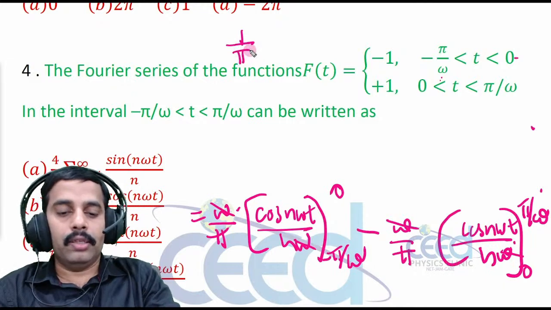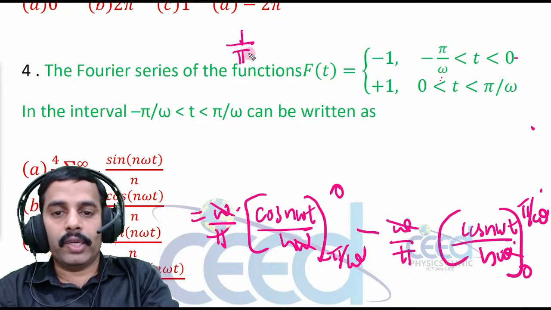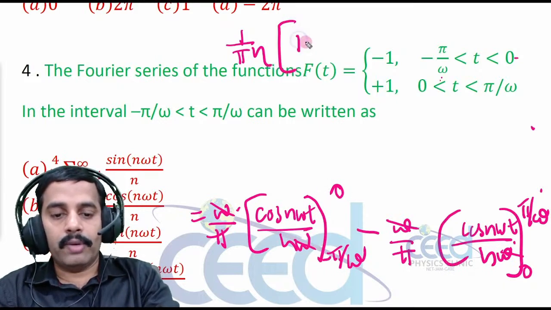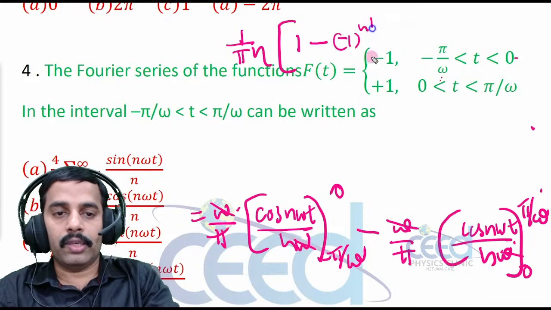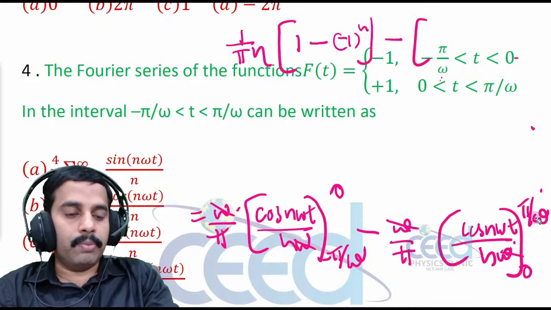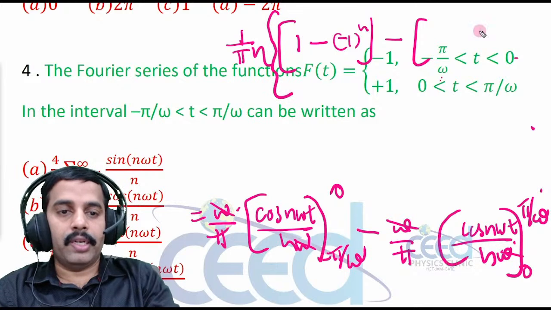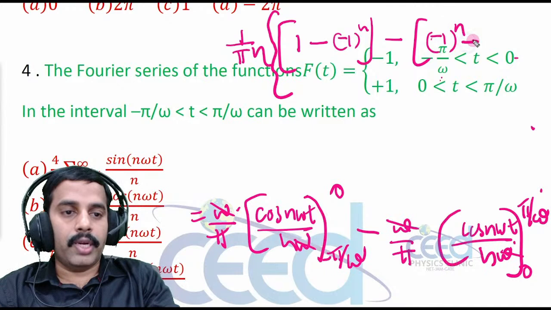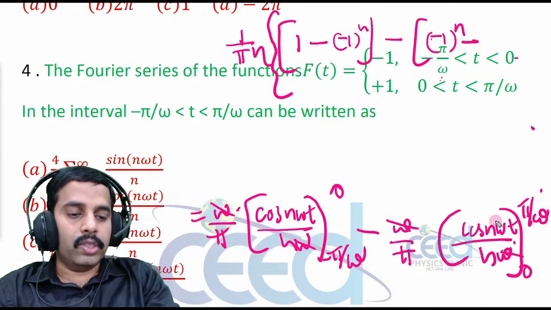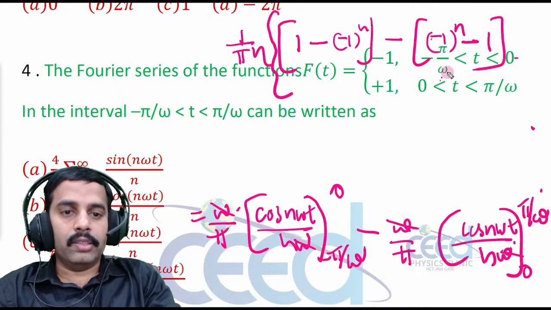Then 1 by pi. That is here this cos 0, and I can take this pi n out. And here what will be the result? This is 1 minus, if I replace pi by omega with this, cos n pi, that is minus 1 raised to n. Minus, if I replace here pi by omega, right, omega cancels, and again we can take this pi n out. What is remaining here? Here also minus 1 raised to n, minus again cos 0, that is 1, right?